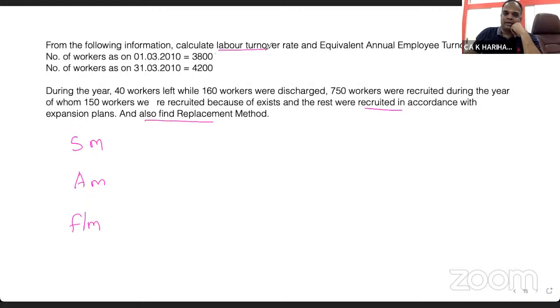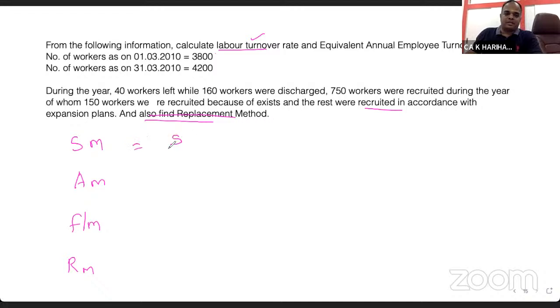Already they told us to calculate labor turnover, so why did they also ask to compute replacement? Because with expansion, only 3 methods are applicable, so you have to try replacement also. If 'also find' is not given, then based on labor turnover you compute only 3. That is the importance of the question. That means separation, accession, flux method, and, based on the requirement, replacement method.